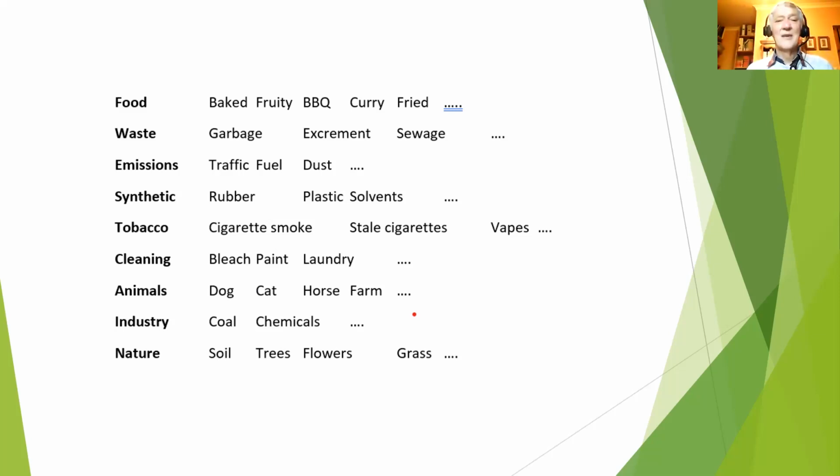For the tobacco, they had on that big circle cigarette smoke and cigar smoke. I'd have to walk a long way around Newcastle until I came to a place where cigar smoke was strong. I might have fresh cigarette smoke, I might have stale cigarettes, but vapes, that'd be the thing that I would really expect to find.